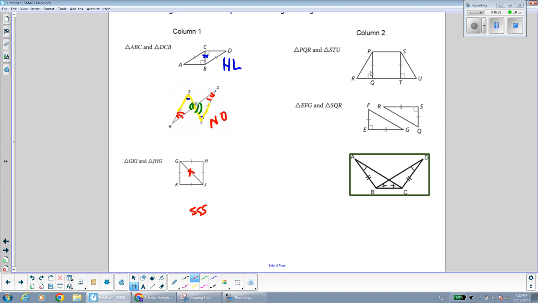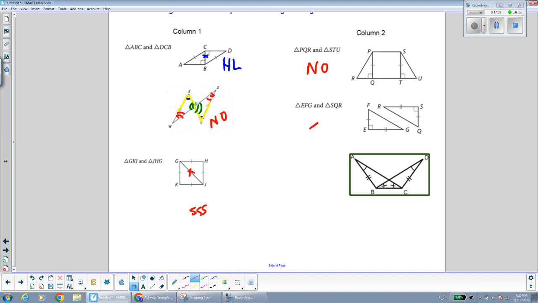We might be thinking maybe this is SAS, but I don't know anything about these sides. You might be thinking maybe it's AAS, but we don't know anything about these angles. So we only have one A and one S, and that is not enough information. Right here, no, these triangles are not congruent. We don't have enough information so far.